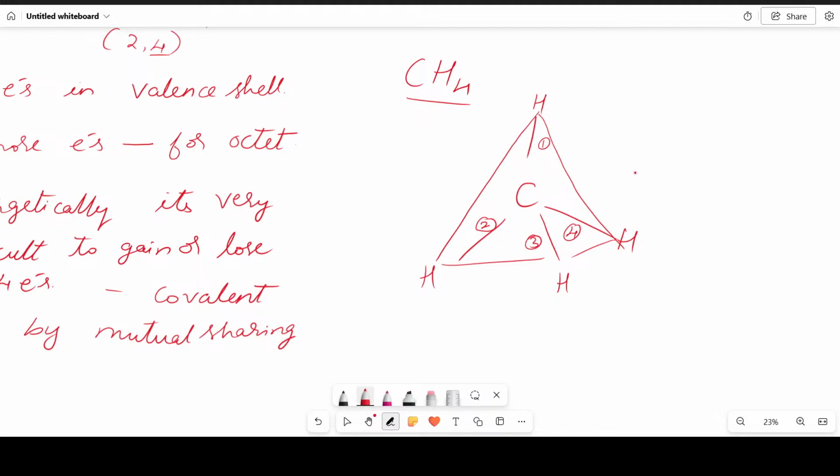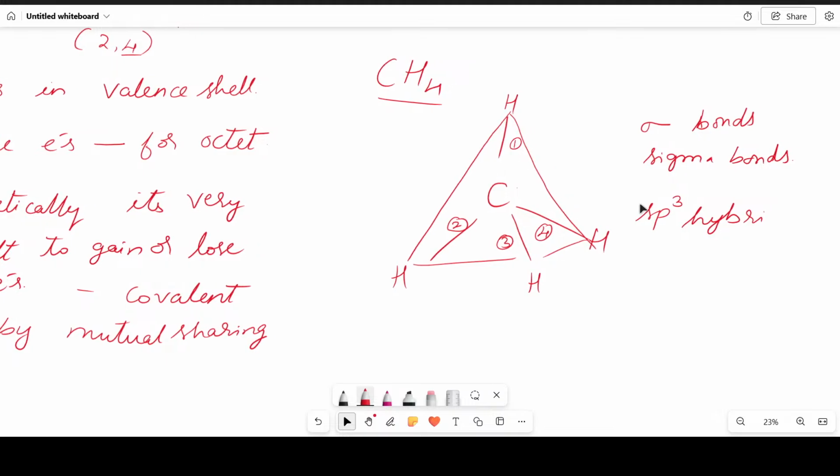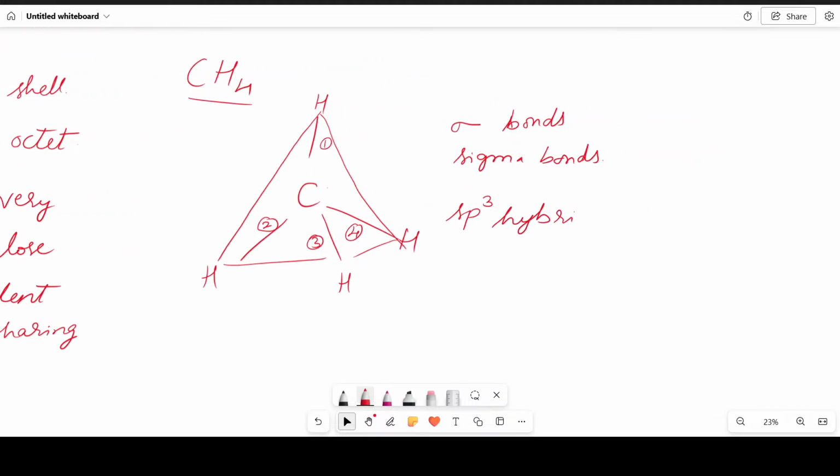All these 4 bonds are called sigma bonds. So this carbon is sp3 hybridized.